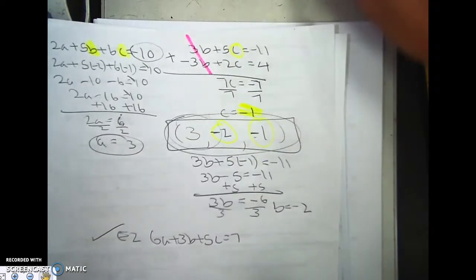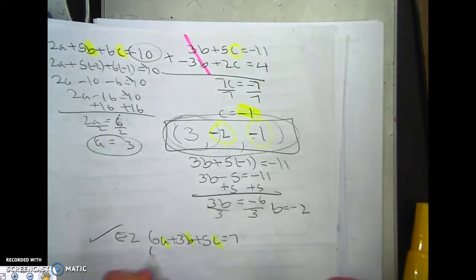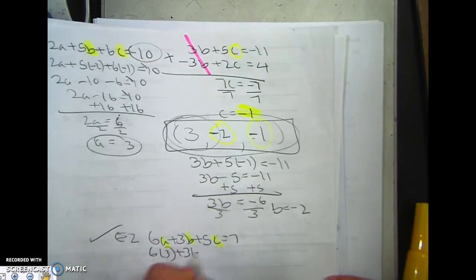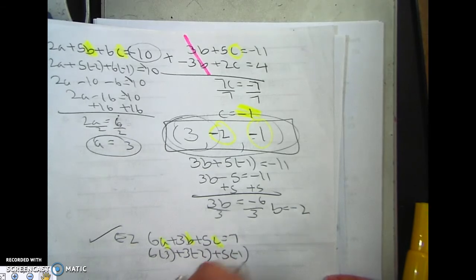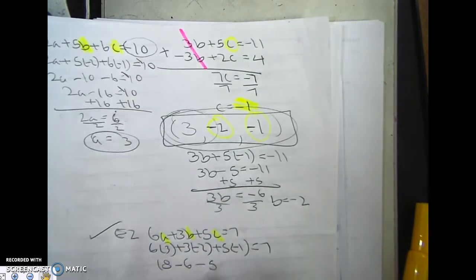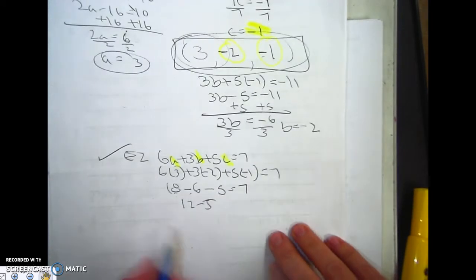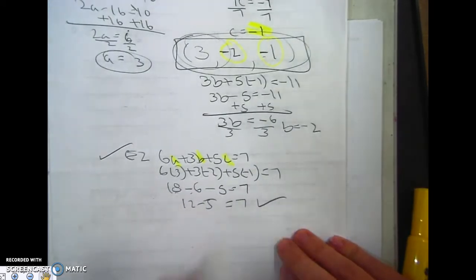And I'm going to take my a, my b, and my c, and I'm going to plug it in. 6 times 3, 3 times negative 2, 5 times negative 1. So 18 minus 6 minus 5 equals 7. 18 minus 6 is 12, and 12 minus 5 is 7.